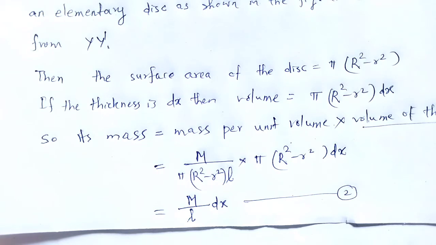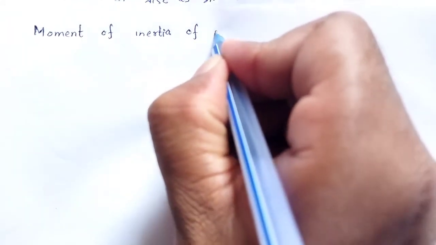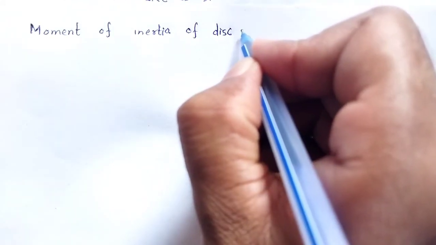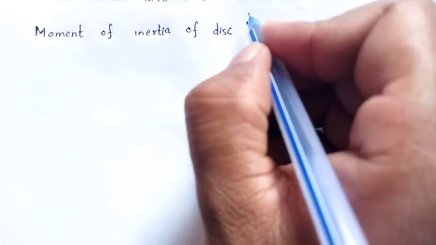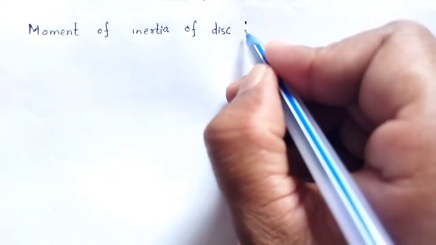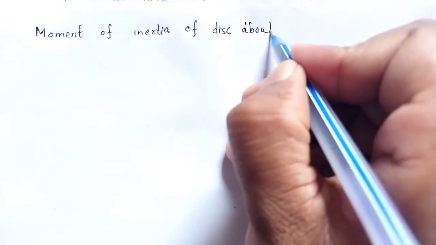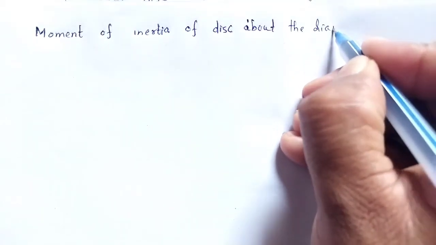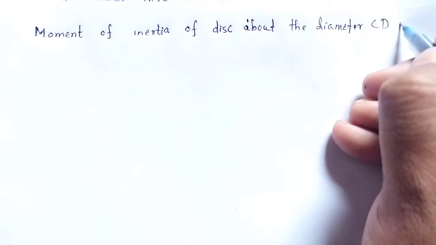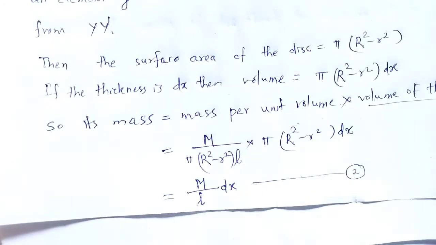First of all, we find out the moment of inertia of the disc about the diameter CD. Look at the figure.